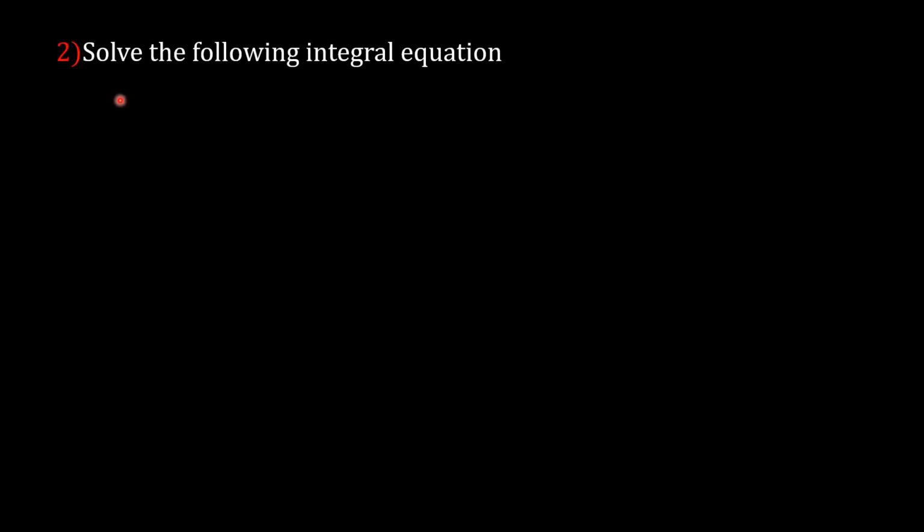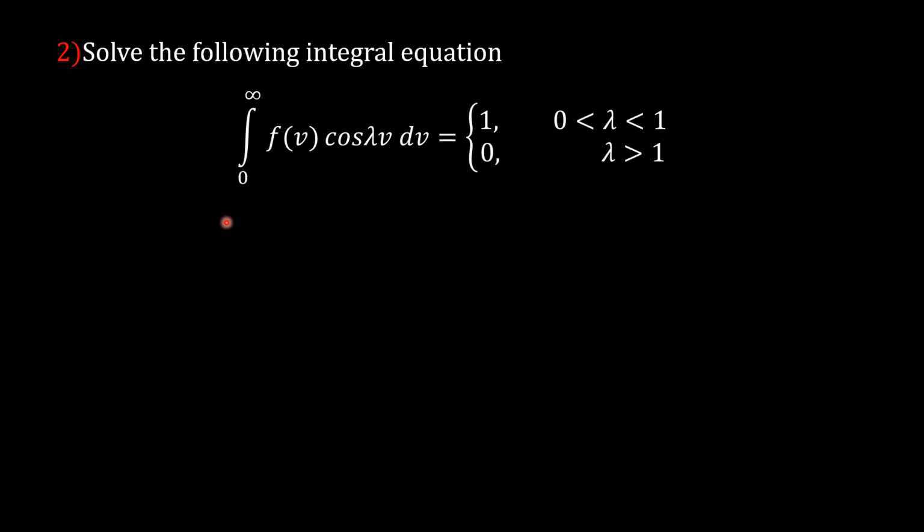Second example: solve the following integral equation. Integration from 0 to infinity f of v cos lambda v dv is equal to 1 for lambda lying between 0 to 1 and 0 for lambda greater than 1. Solution. Here first of all we have to identify which transform is given to us, because to solve the integral equation means we have to obtain f of x.